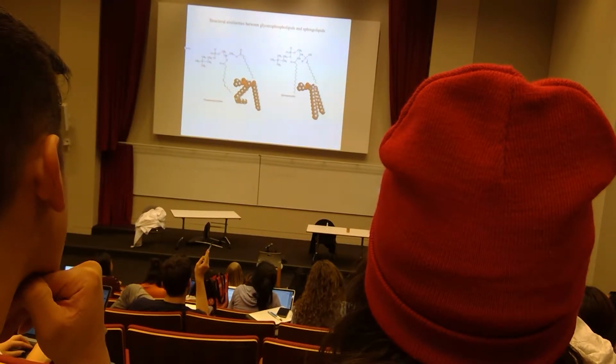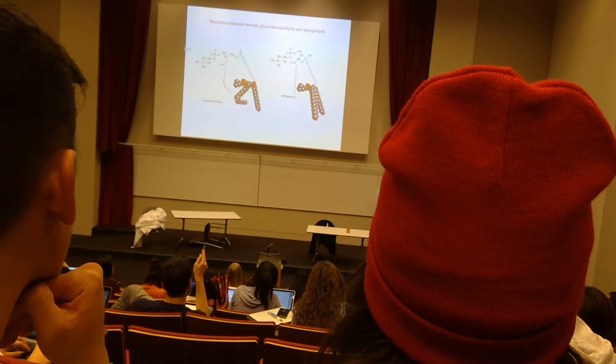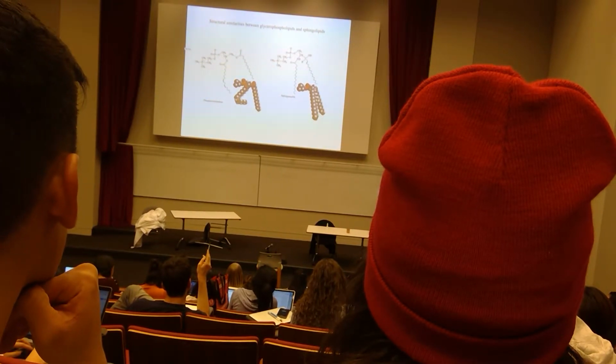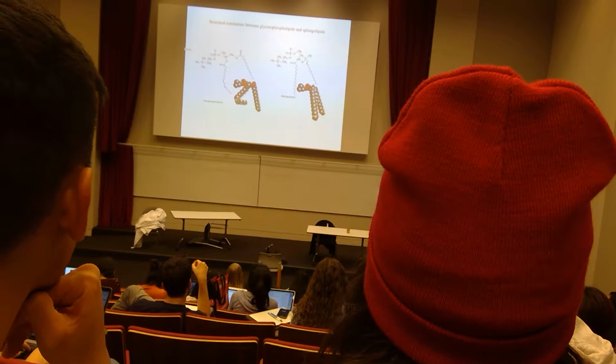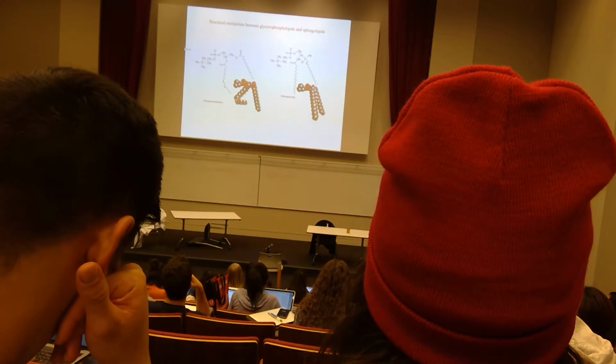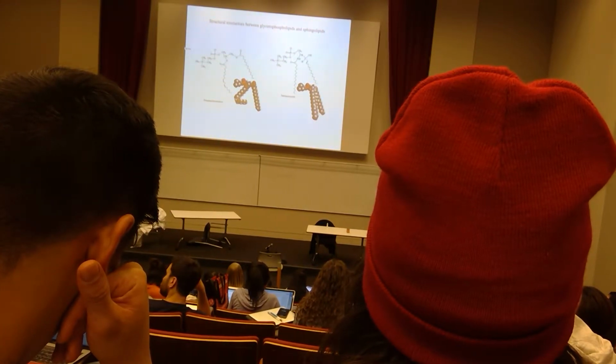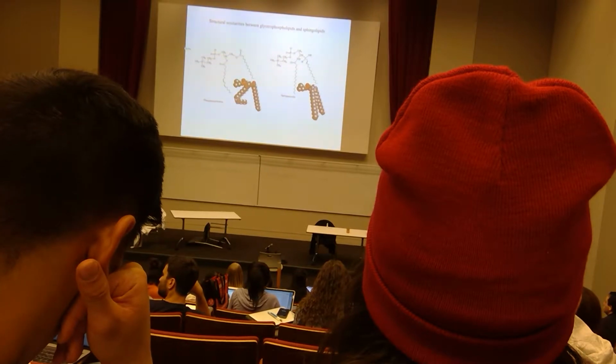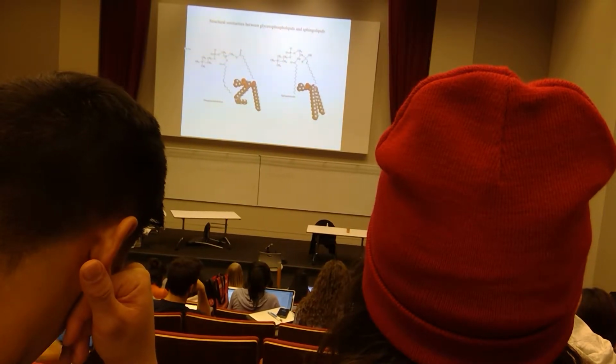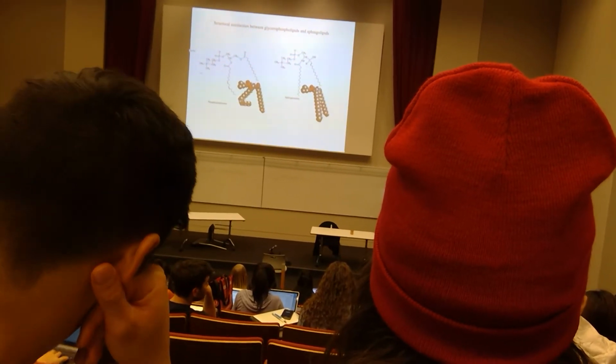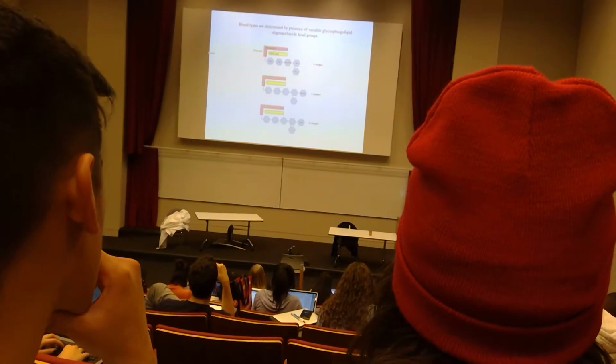Here's the overall appearance of that group. And here's our sphingomyelin, again, two hydrocarbon chains, fatty acid chains, appended here onto the sphingosine core. So very similar, and that's why they can both be used as lipid constituents of membranes.